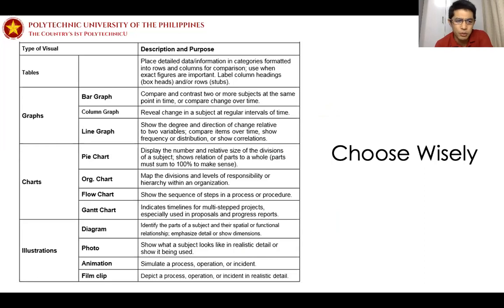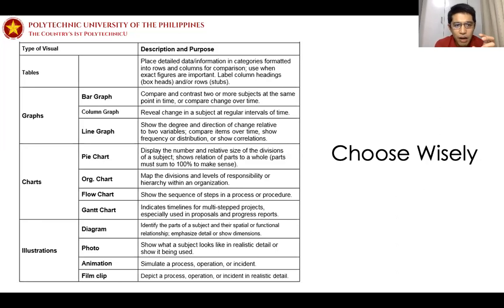Now, when it comes to graphs, we have bar graph, column graph, and then line graph. Probably people would say they are all graphs and we can use all of them interchangeably, but we have to look at the purpose of each classification.